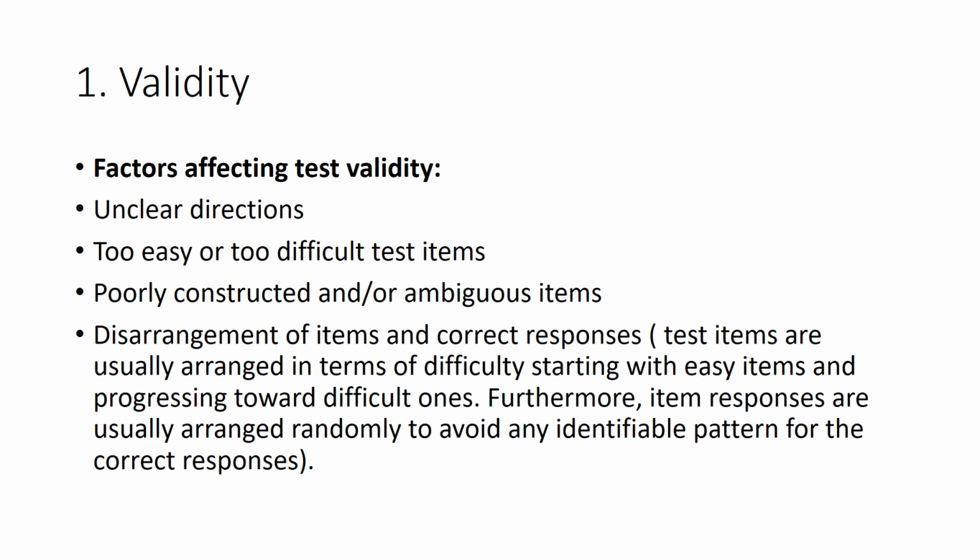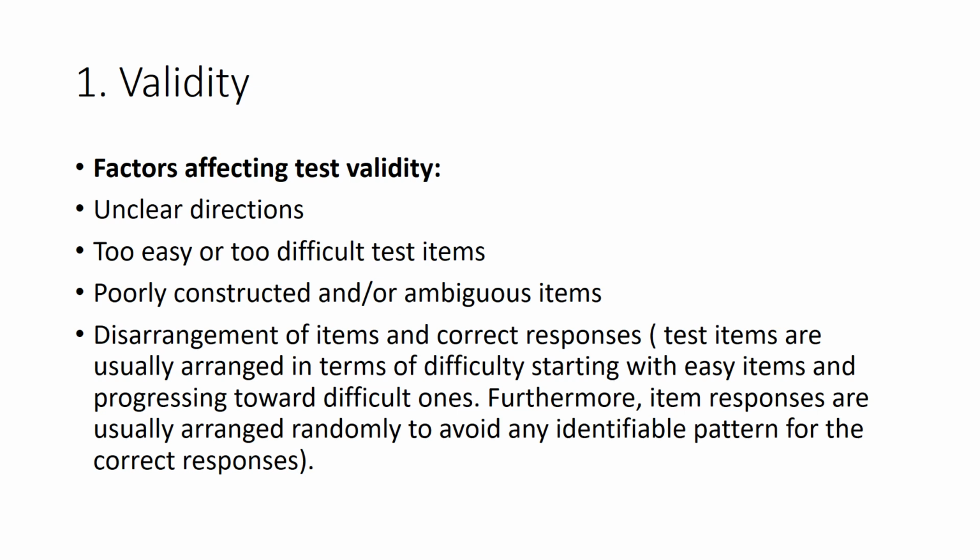So the test can either be below the level of your students or above their level, and here your test is not going to be valid. Poorly constructed and/or ambiguous items: the items of the test are not clear, they are not structured well, so the students will not be able to know what to do or how to answer. Disarrangement of items and correct responses.